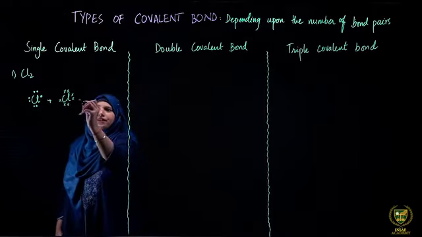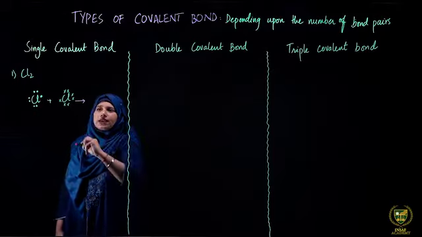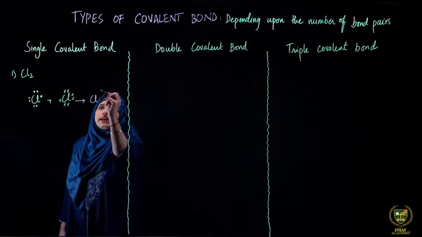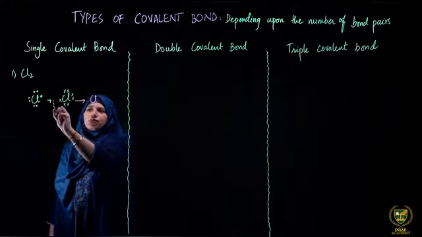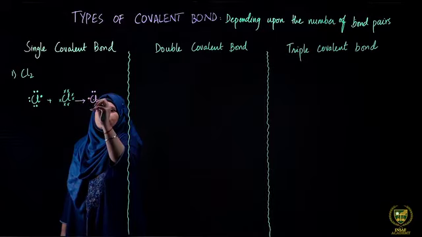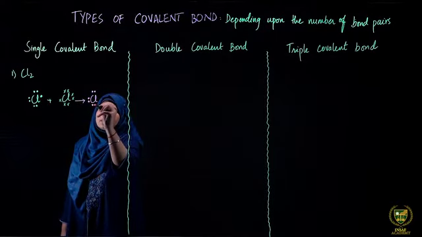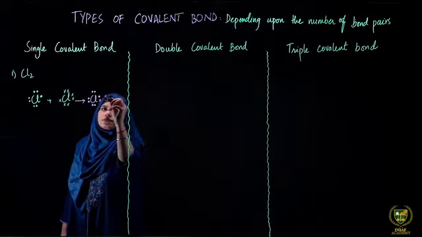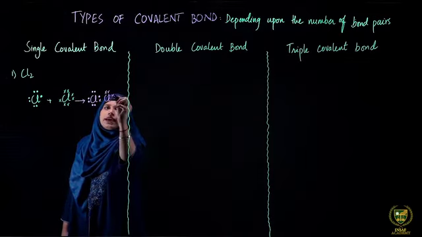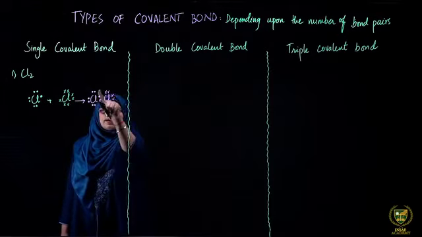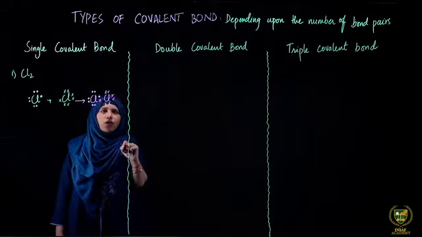So these two chlorine atoms are going to come closer and share 1 electron. And now you can see that both chlorine atoms are having 8 electrons in their outermost shell.